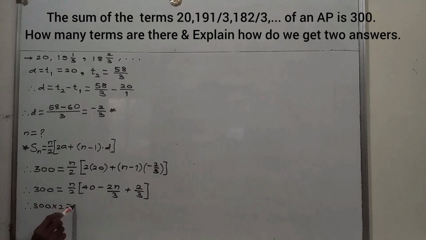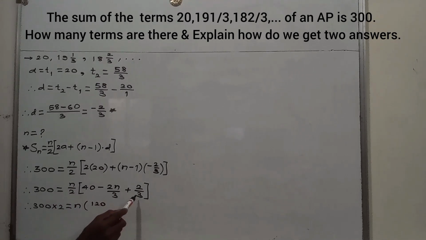Then n in brackets: 3 into 40 is 120, and we equate the denominators of all these terms, so 120 plus 2 upon 3 minus 2n upon 3.